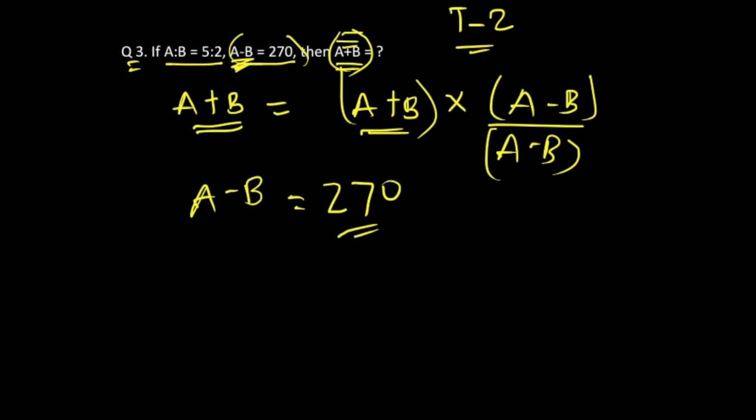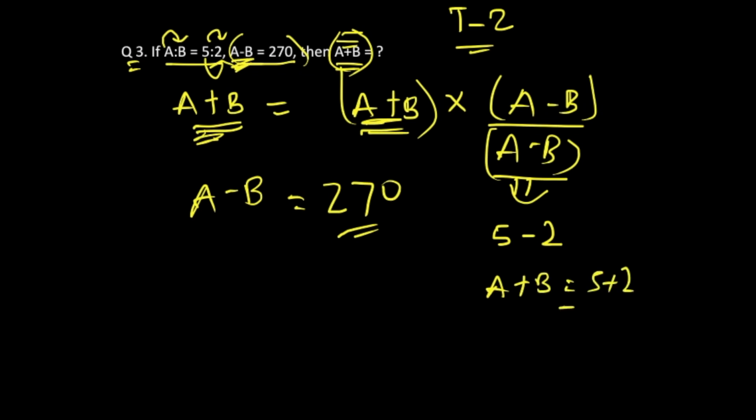At the same time, you can write A minus B in its ratio form by taking these values 5 and 2. So A minus B here can be written as 5 minus 2, right? At the same time, this A plus B can also be written as 5 plus 2. So A plus B would become 5 plus 2, 7.